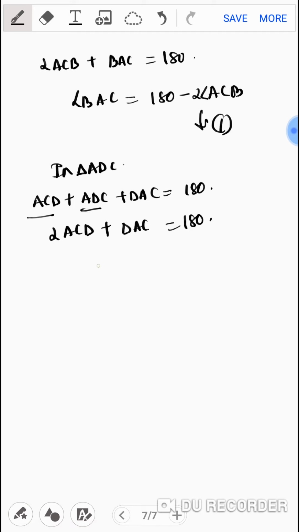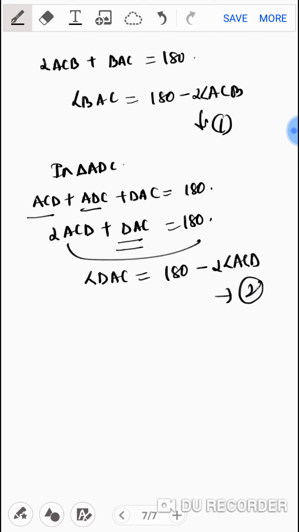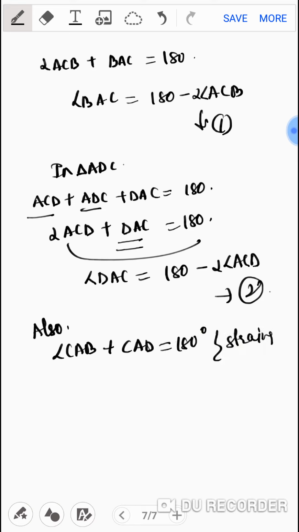From there, if I want, can I keep angle DAC as the subject, 180 minus 2 angle ACD, and mark this as equation 2. Also I know that angle CAB plus CAD is equal to 180 because they are on a straight line. Getting my point?